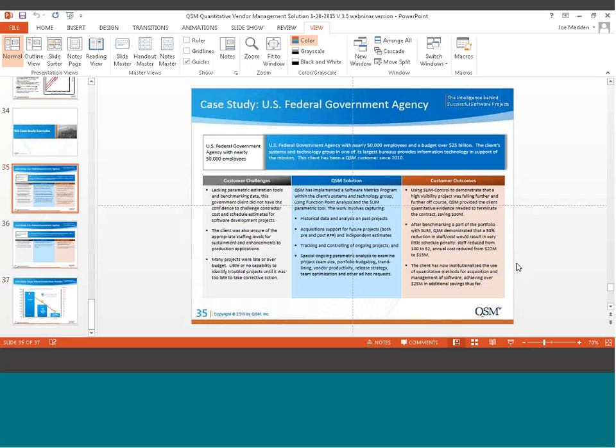And then this larger case study, our client hired us initially for about $100K to do a proof of concept, and later, once they saw the value, had us apply the techniques to their entire portfolio.